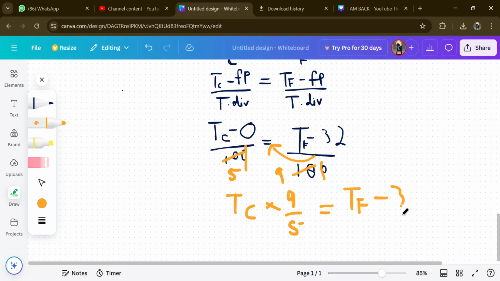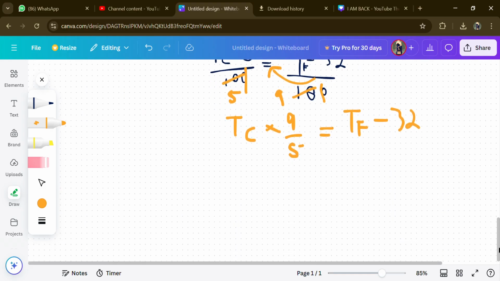Equal to TF minus 32. Now one more calculative step that we have to do is that this 32 is actually being subtracted here. So if we transfer it, it will get added.